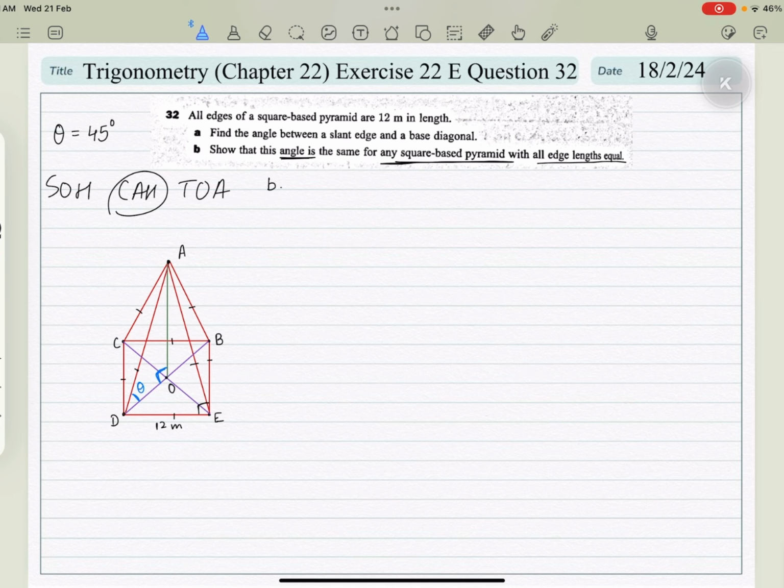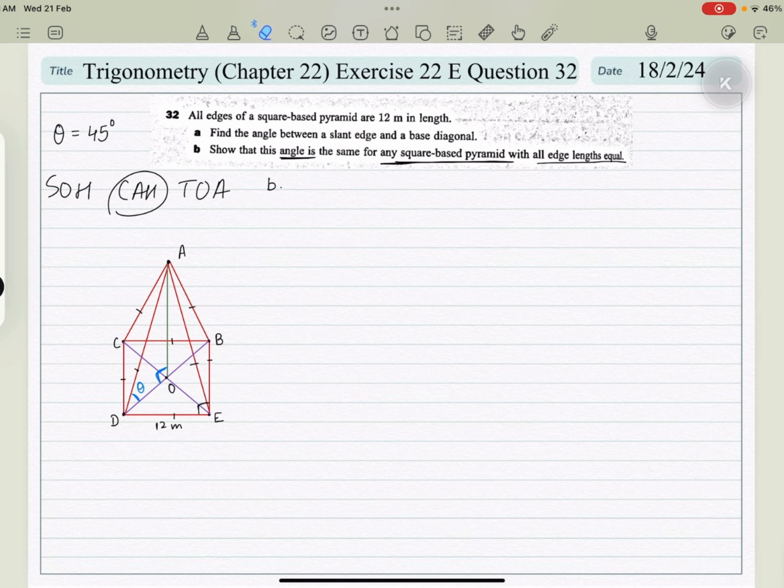So the only thing that is changing, we know it's 12 meters here, but if it's 8 or 10 or 100 or 2000, for every length the angle is going to be 45.